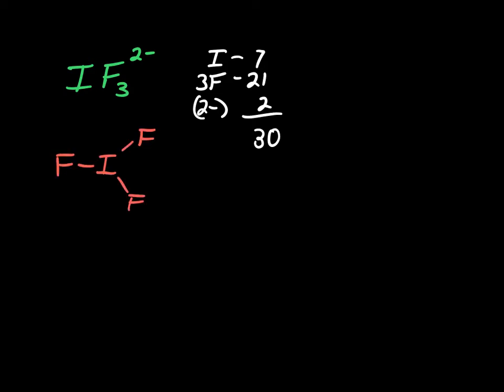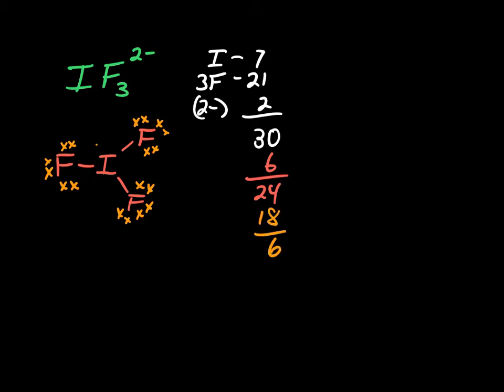When we draw the connected structure, that accounts for 6 of those, leaving 24 to distribute. When we distribute them, that's 18, leaving 6. So we have to put 3 pairs on the central iodine. Again, that's going to make it overall octahedral.